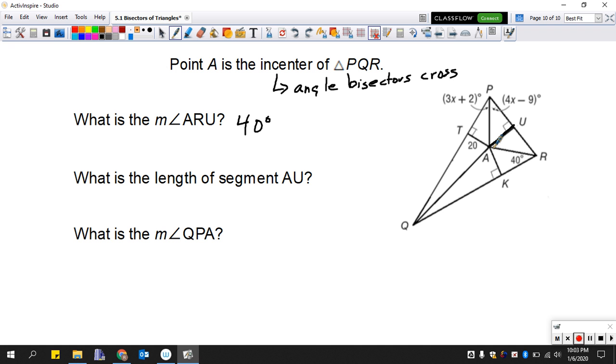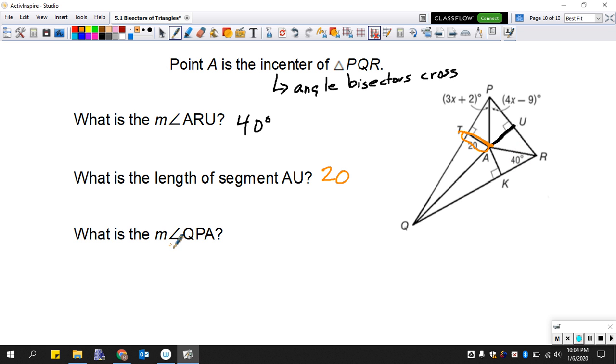So the only other length that we're given is the length of this side right here, AT. Okay, AT, so that's here. But AU is dealing with the incenter, and the incenter is the same distance from all three sides. So we know the length of side AU is 20.